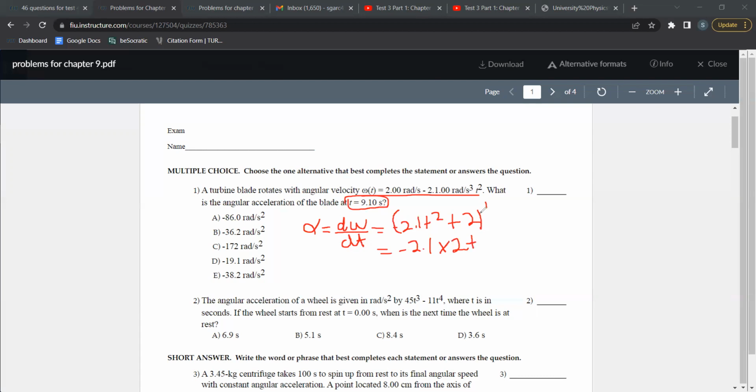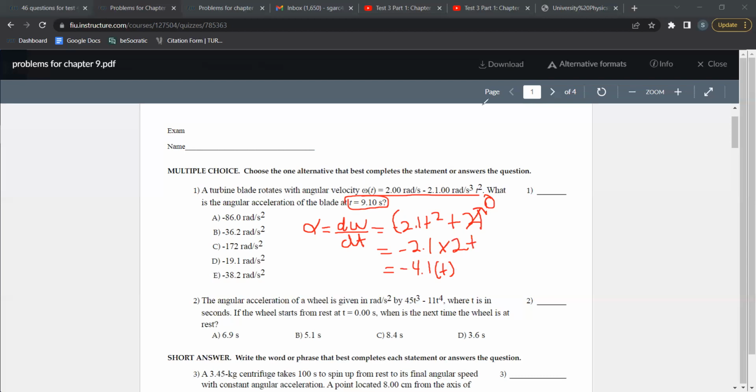The reason that works is because the derivative of 2 is just 0. If you take the derivative of 2.1 t squared, the 2 comes down and the exponent of t becomes 1. You can simplify that as negative 4.1 t. So we'll do that: negative 4.2 times t is what our angular acceleration should be.